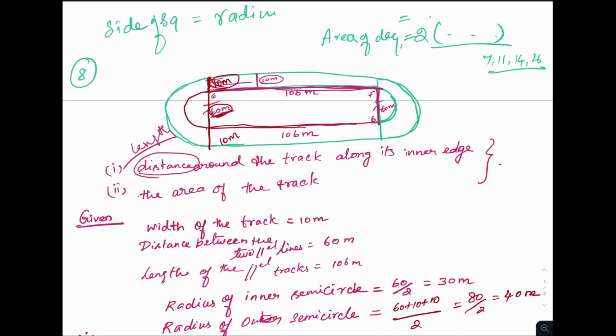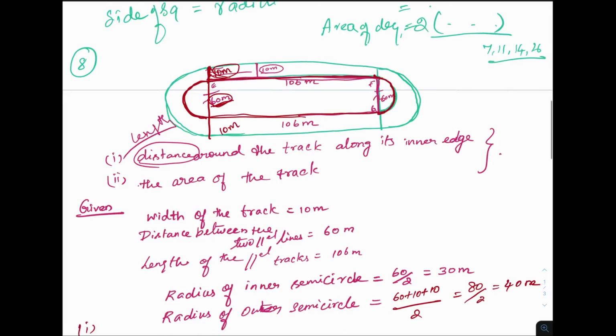So this length plus this length plus 2 inner semicircles circumference.